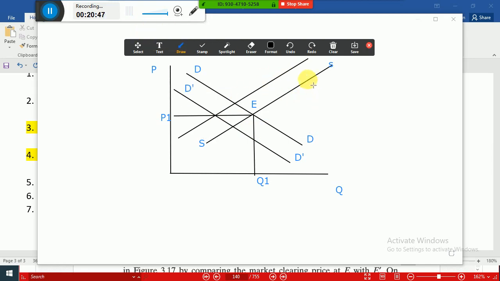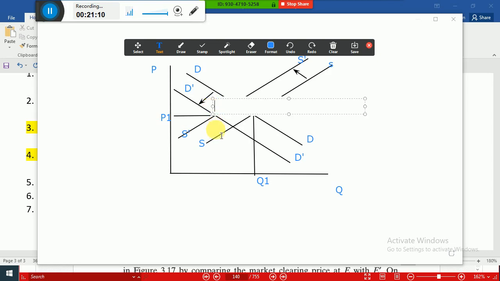So supply decreases, new supply curve is to the left of initial supply curve. Demand decreases, so new demand curve is to the left of initial demand curve. We will label the new supply curve as S dash.